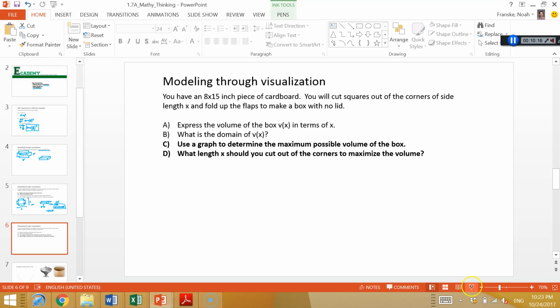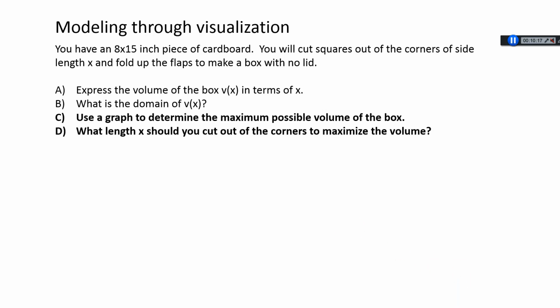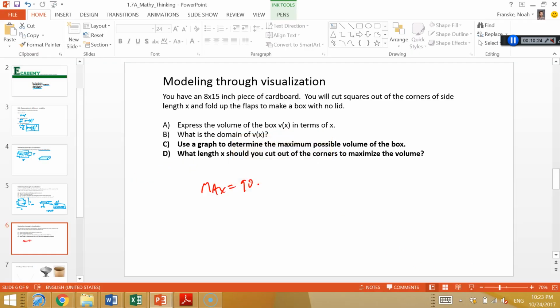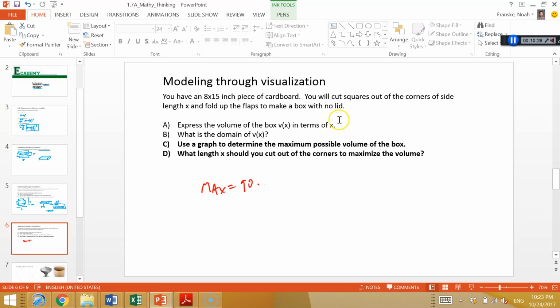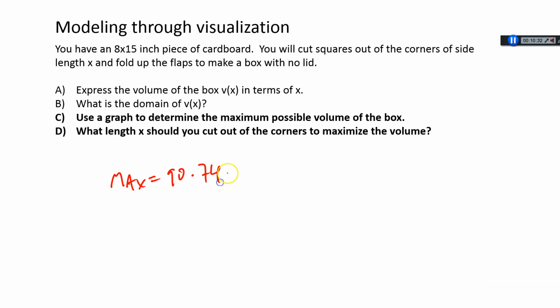Okay, so let's write that down. So I think that we said that the maximum possible volume was, what was it? It was like 90 point some. 90.74 cubic inches. And the x value that made it the biggest was 1.6 repeating, which is 1 2/3.